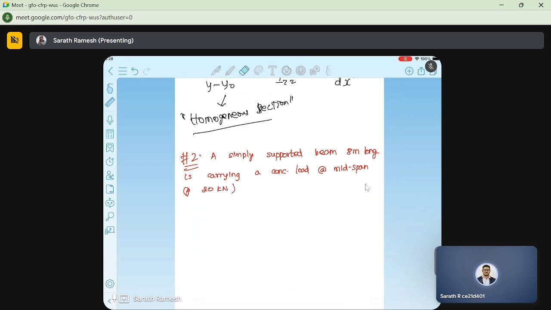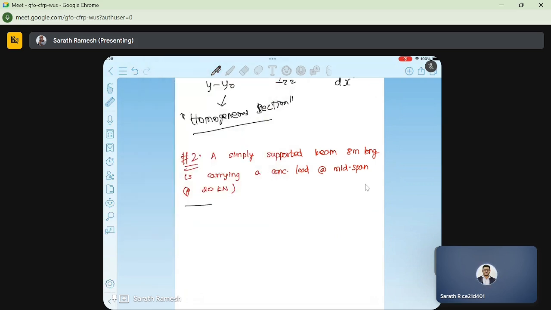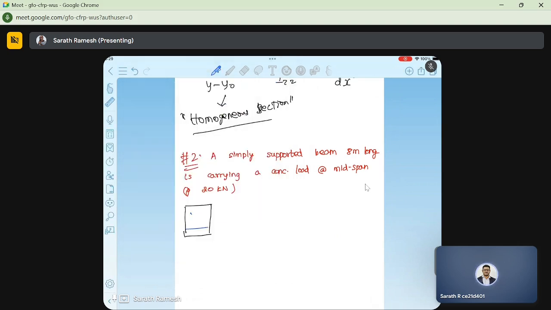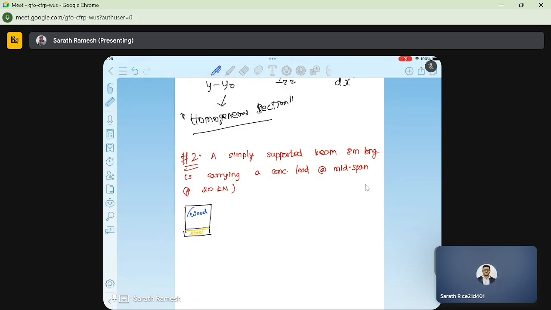Now, the cross section of the beam is given like this. This is the cross section given: there is wood here and another material, steel, here. This is the wood region and this is the steel region.